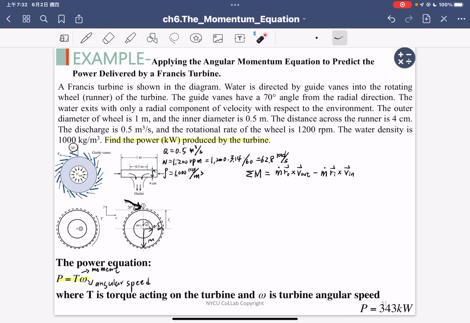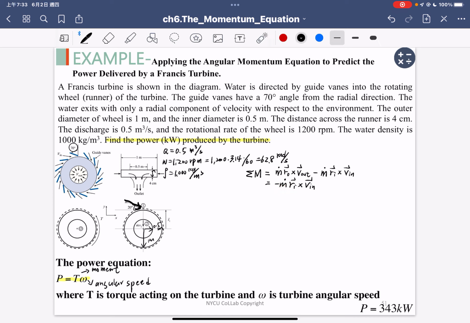In our question, we don't have a moment contribution from the outflow. So in this question, we only have the mass flow rate, R_i, distance cross the velocity in. Okay, so we need to consider each element shown here.